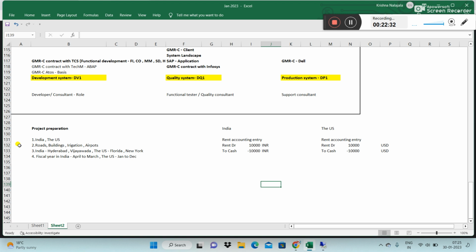Now looking at the business preparation, we know wherever they have a business, what kind of products they have, how many plants they have in each business unit, and how many fiscal years they follow. Are we missing anything from the business side? Expenses, other expenses, that will all come in a structure.